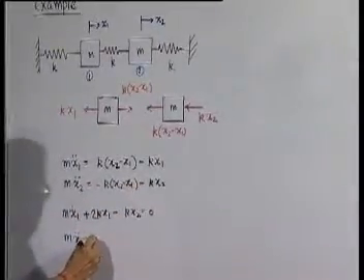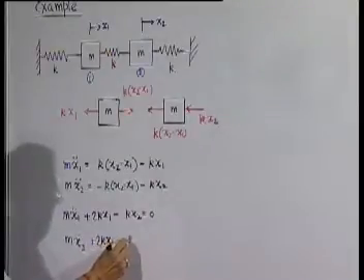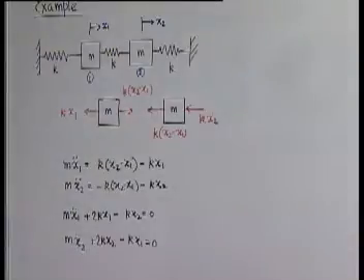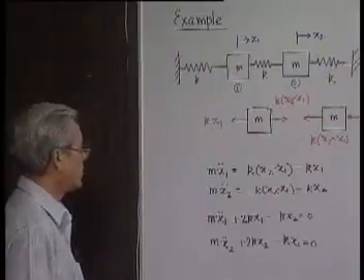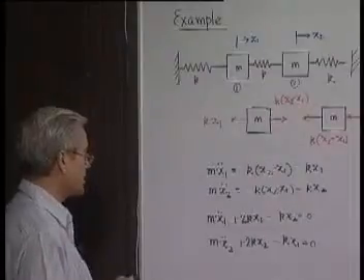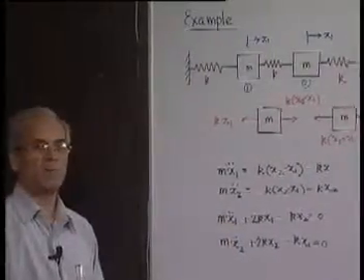So, kx2 minus kx1 minus kx1, so it will be plus 2k x1 minus kx2, and this one will be plus 2kx2 minus kx1.